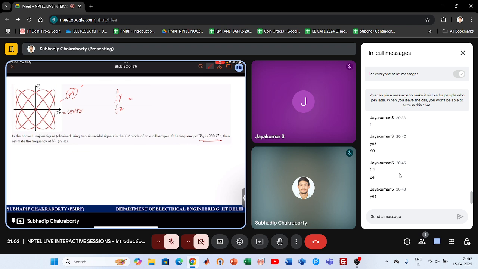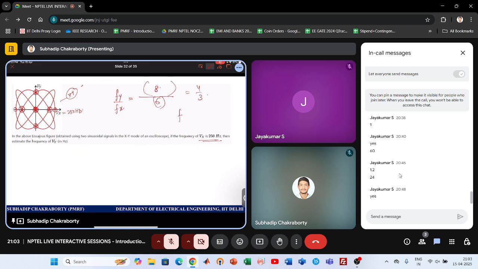So just calculate how many horizontal and vertical intersections. How many horizontal intersections? First tell me. 1, 2 and 3, 4 and 5, 6 and 7, 8. So 8 horizontal intersections, and vertical 1, 2, then 3, 4 and 5, 6. So it will be 4 by 3.